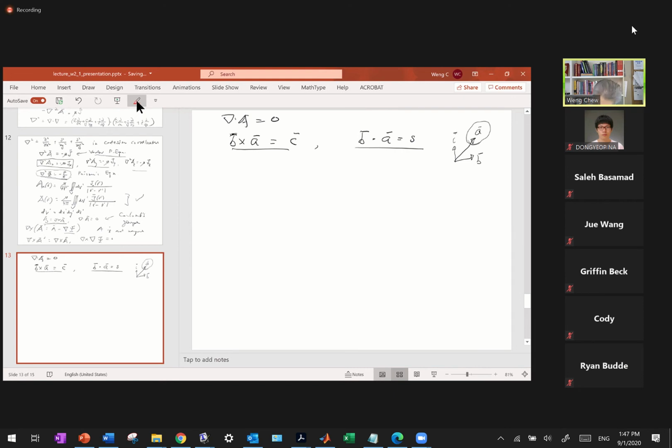So in order to make vector A unique, you also have to stipulate what the dot product of A with B is, which essentially stipulates this angle. Otherwise, A can be any vector pointing in any direction, and this angle is not stipulated. That's the essential meaning of the Coulomb's gauge.